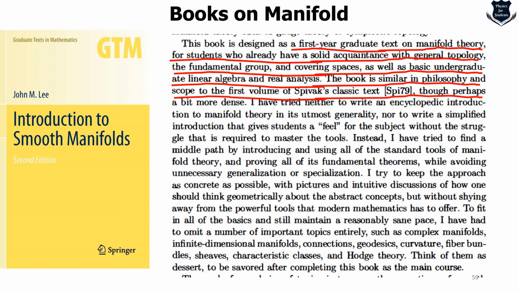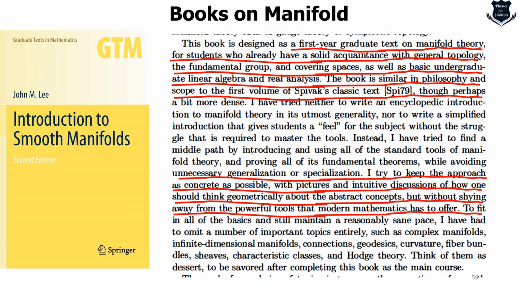The book is similar in philosophy and scope to the first volume of Spivak's classic, though perhaps a little bit more dense. Here you see Professor Lee writes, I try to keep the approach as concrete as possible, with pictures and intuitive discussions of how one should think geometrically about abstract concepts, but without shying away from the powerful tools that modern mathematics has to offer.